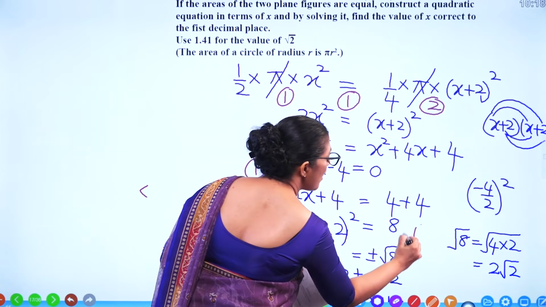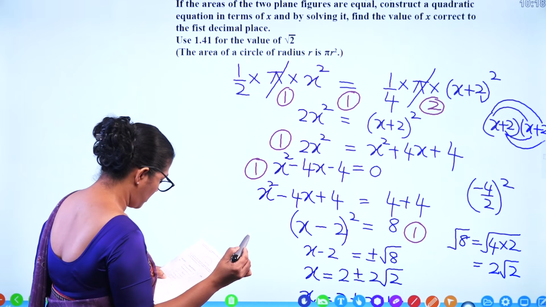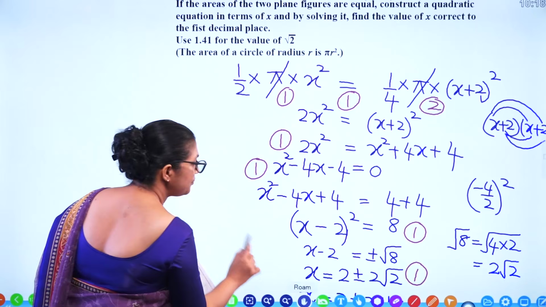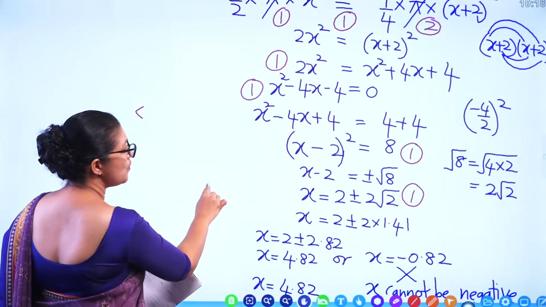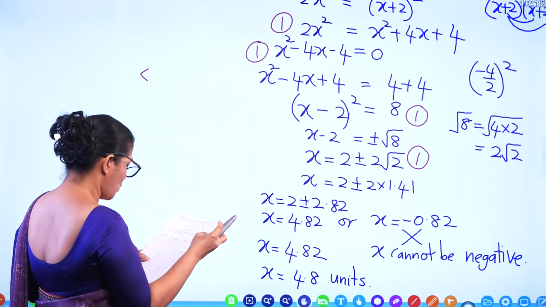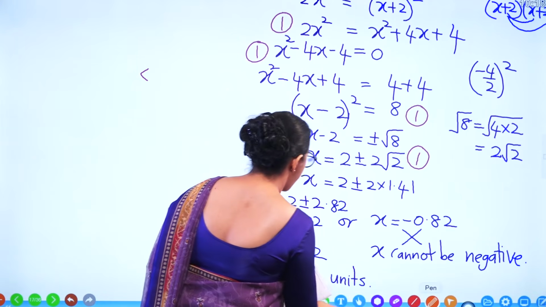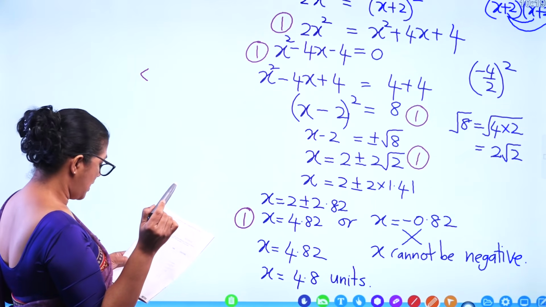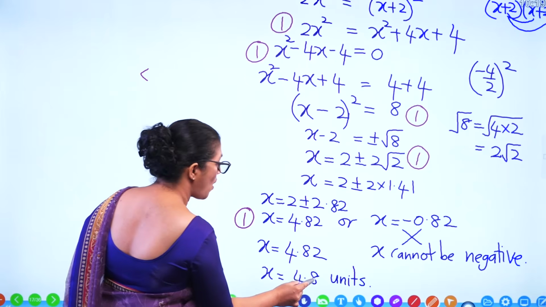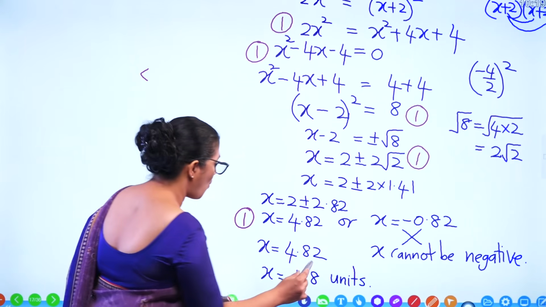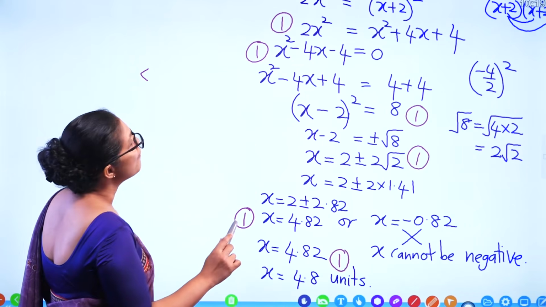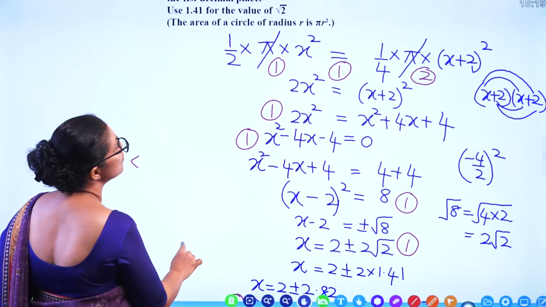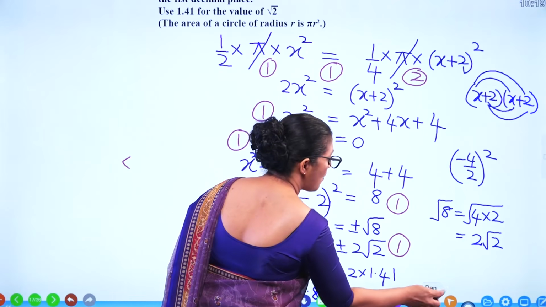And making a perfect square here, 1 mark. And x values both, up to this point, 1 mark. Then you are selecting the positive value, 1 mark, and 4.82 rounded correct to 1 decimal place, 4.8, 1 mark. 1, 2, 3, 4, 5, 6, 7, 8, 9, 10. So that's how you get 10 marks for this question.